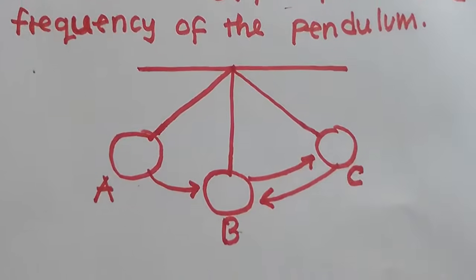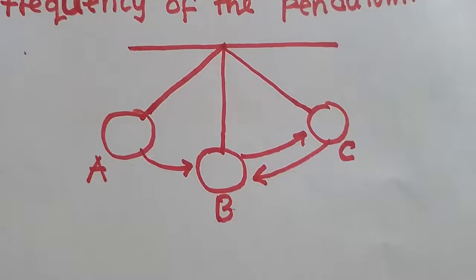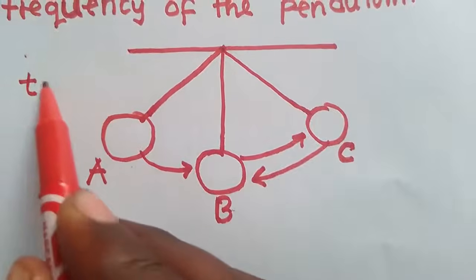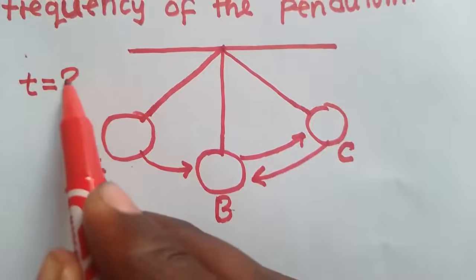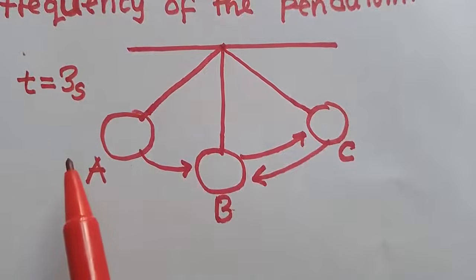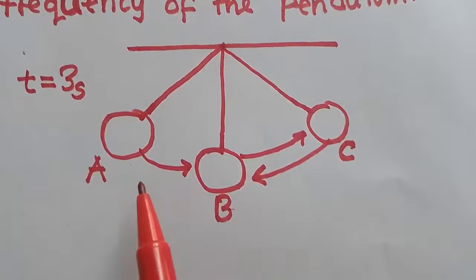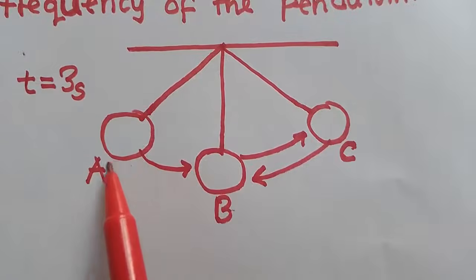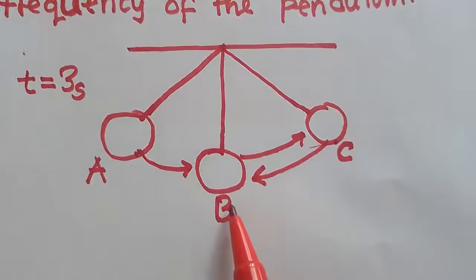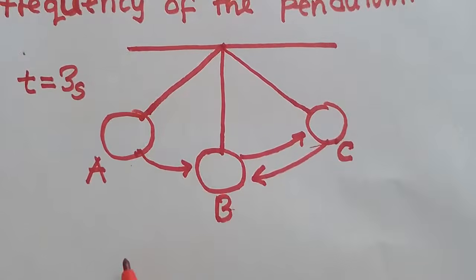This is the diagram here. So the small t there is the time given, which is 3 seconds. So it takes 3 seconds to move from A to C and back to A. So you are told to find the period.